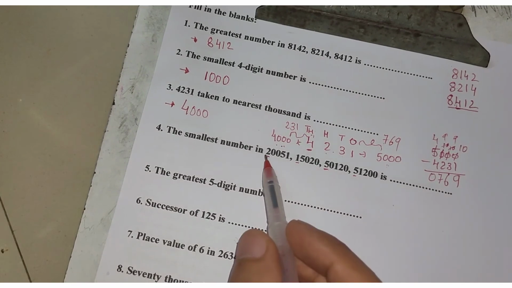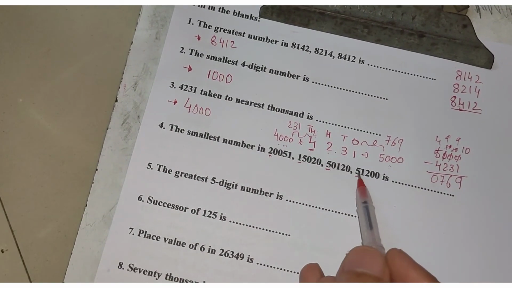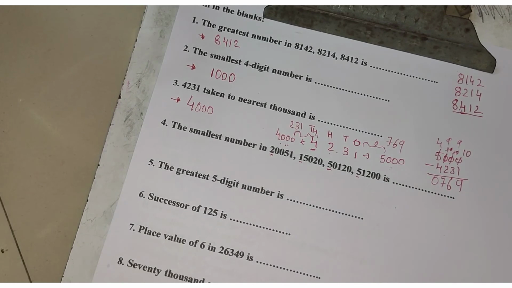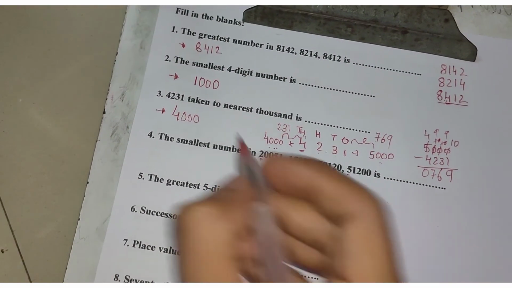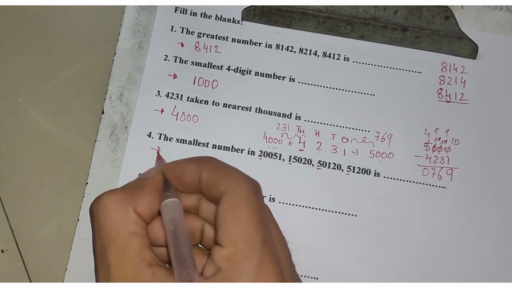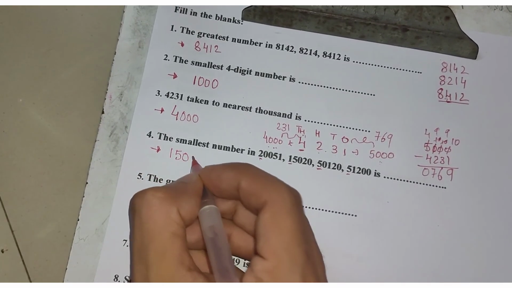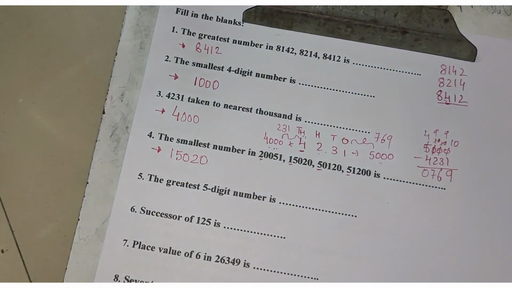Now here it's 2, 1, 5 and 5. In comparing 1, 2 and 5, we know that 1 is the smallest out of these 3 numbers. So the number starting with 1, that is 15020, will be the smallest number out of these 4 given numbers.